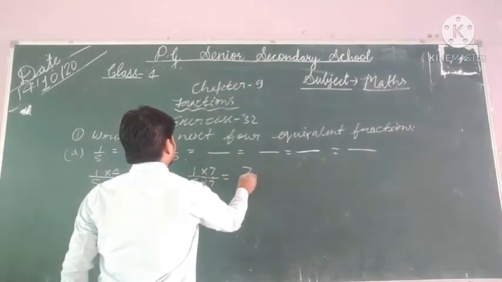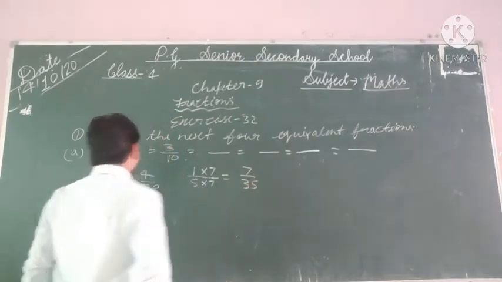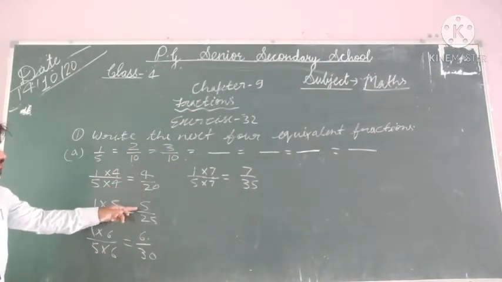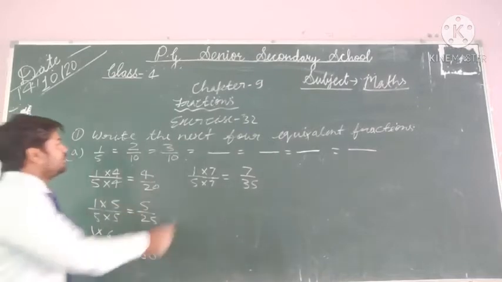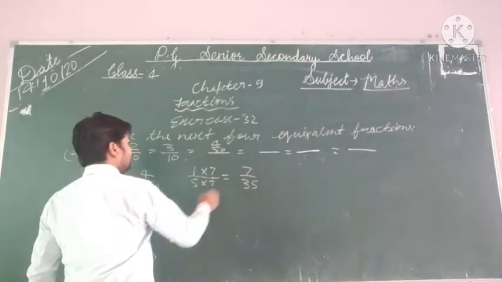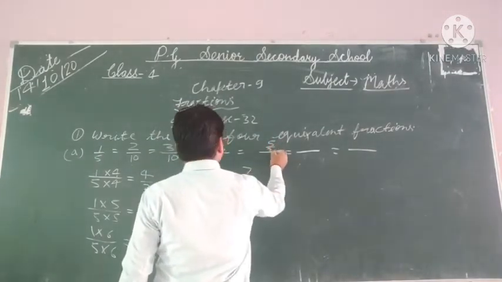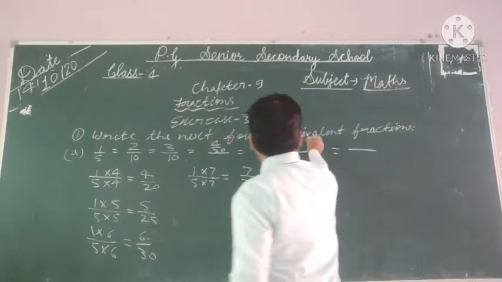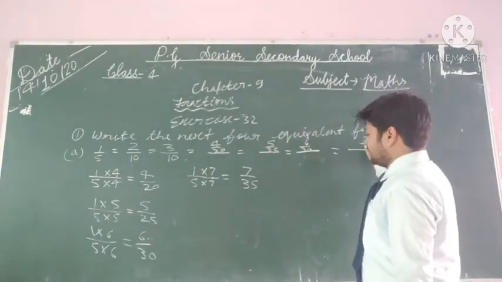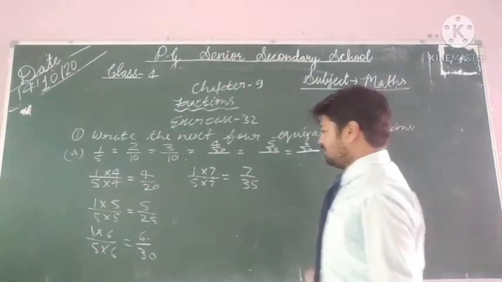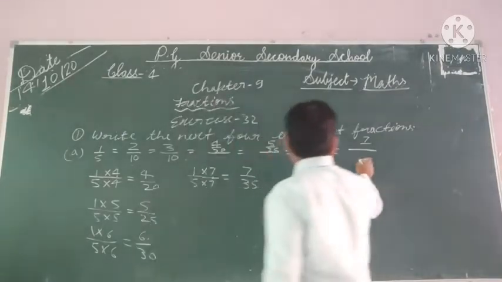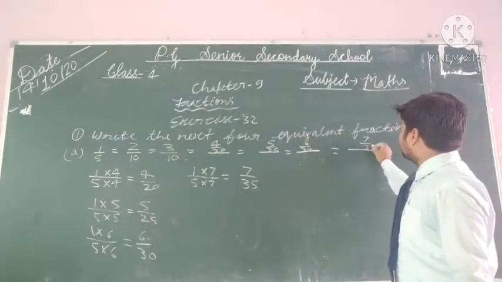So 1 7 is 7 and 5 7 is 35. So these are the 4 fractions: 4 upon 20, 5 upon 25, 6 upon 30 and 7 upon 35.